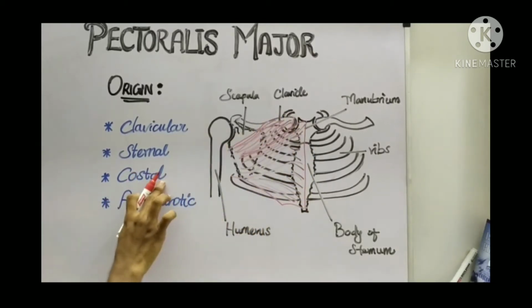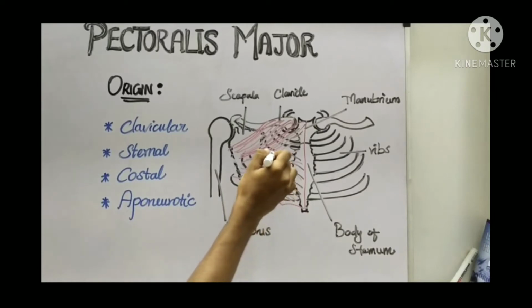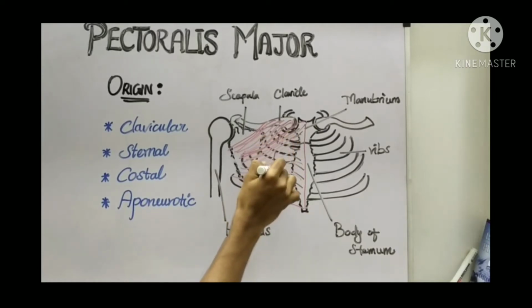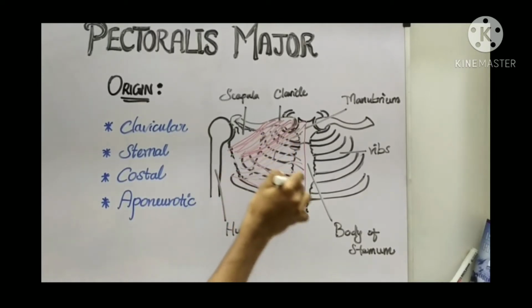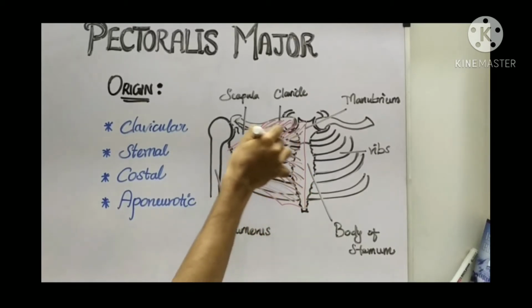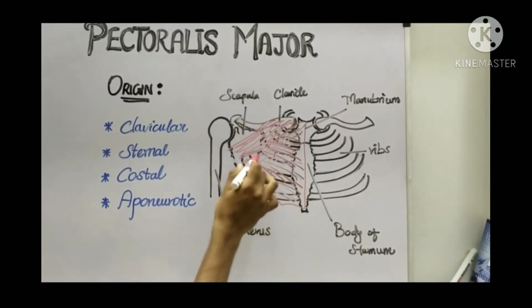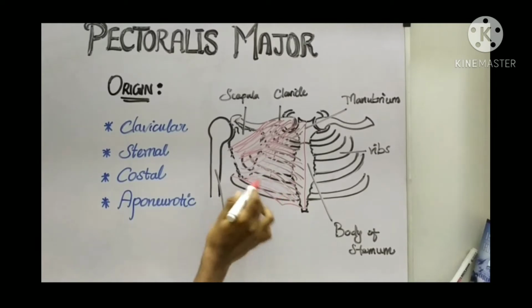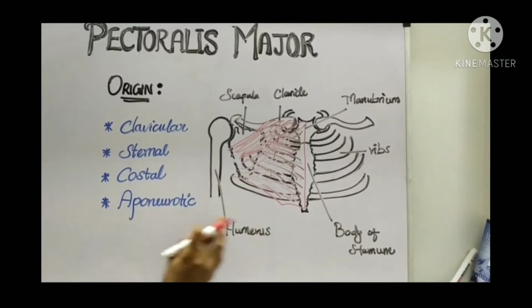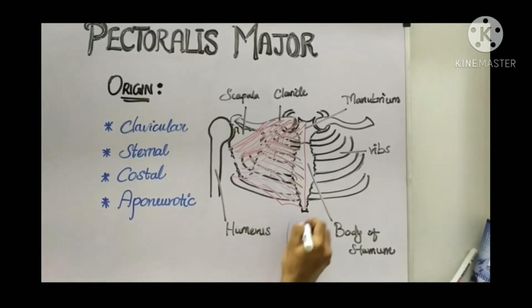And also from the costal origin, that means from the ribs, the medial parts of the ribs, the fibers also come. And the last one, aponeurotic. I'm using another color: the aponeurosis of the external oblique. Just imagine this is the aponeurosis.